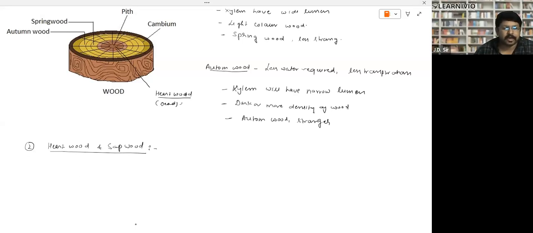And this part, which is made up of xylem only, is called sapwood. Why do we call it sapwood? Because it is light in color and less strong, and it is the functional part. So that is hardwood and sapwood. Please note it down.